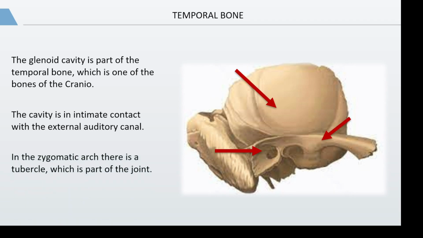And in the zygomatic arch, there is a tubercle which is part of the joint, called the zygomatic eminence. This is a main part of our temporomandibular joint.